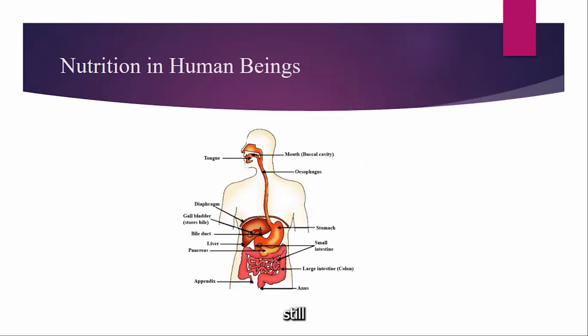Now, there is still another category of animals which derive nutrition from plants or animals without killing them. The examples for such organisms are parasites, which include cuscuta, ticks, lice, leeches, and tapeworms. So now, how do these organisms obtain their nutrition?